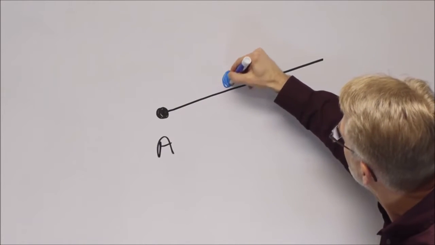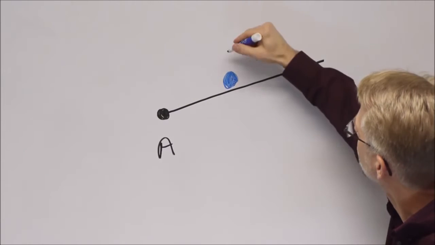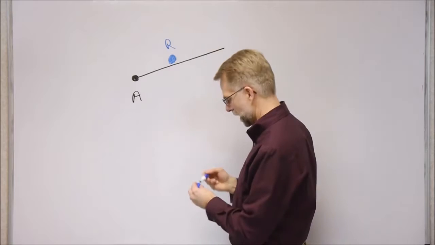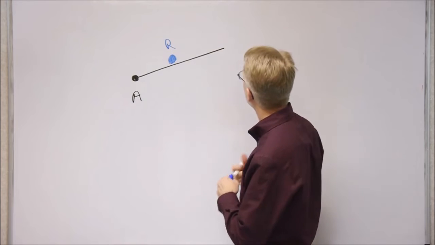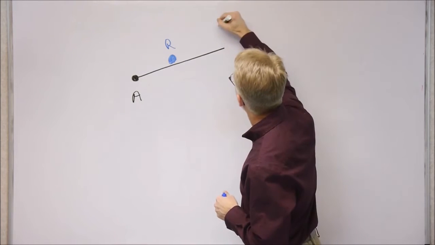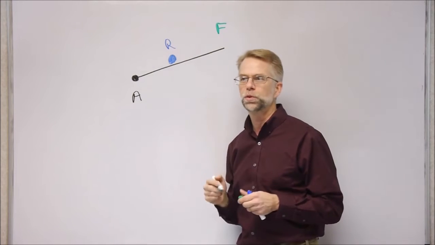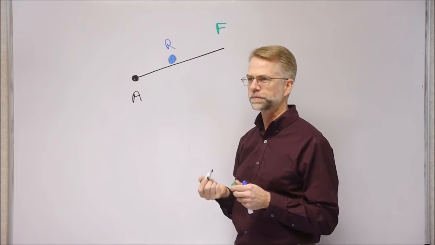All right, and that's going to be my resistance then. And then somewhere over here on the end of the lever, I have some force that is also applied to that lever to move that resistance or to move that weight.